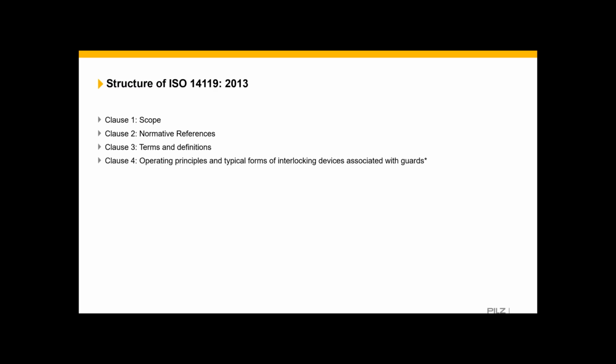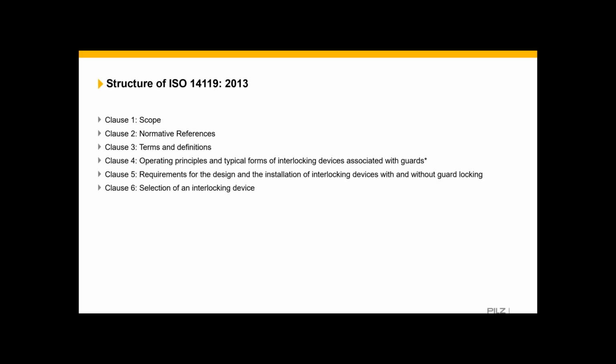We have operating principles and typical forms of interlocking devices associated with guards, and we'll look at that in a bit more detail. We have the requirements for design and the installation of interlocking devices with and without guard locking. It covers fastenings, switch and actuators, actuation mode, how does it interface to a control system, etc. Clause 6 is the selection of an interlocking device. 7, designed to minimize defeat.